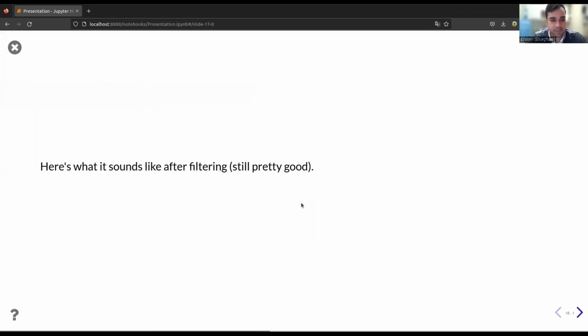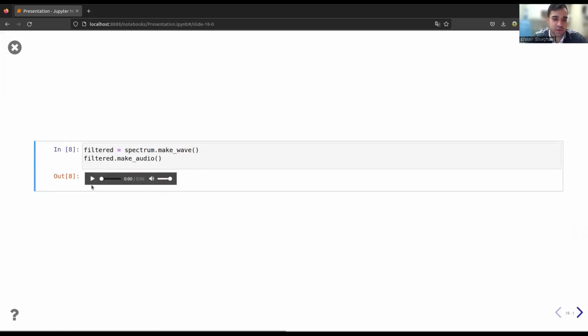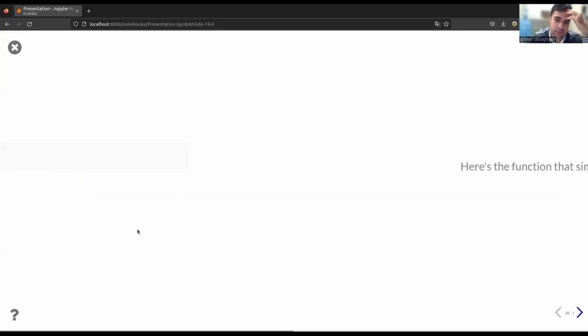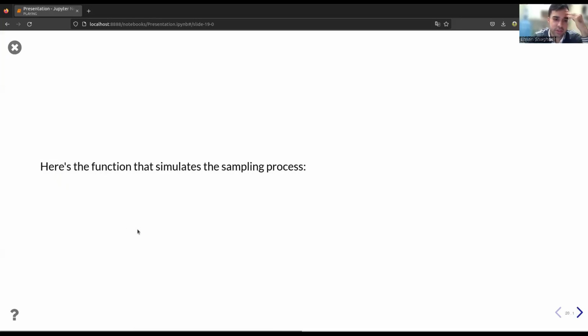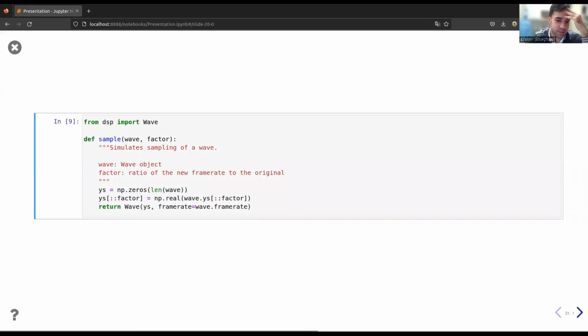So let's check out our sample. This is simulating the sampling process, and basically we just get the values of the previous sample with whatever sample rate, and we divide it by the factor.